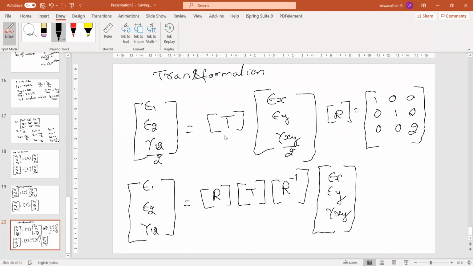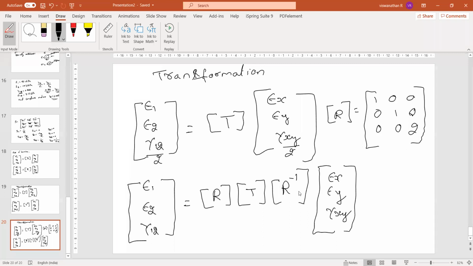This is T here. If you write it like this, it is just a transformation matrix. But if you are writing it like this for the strains, then you have to write it like this. This and this are the same. Writing it this way and this way, you'll get the same values. So you just need to use this matrix.